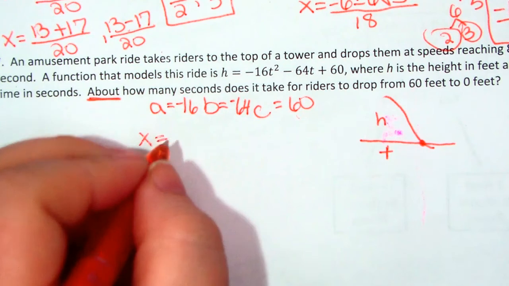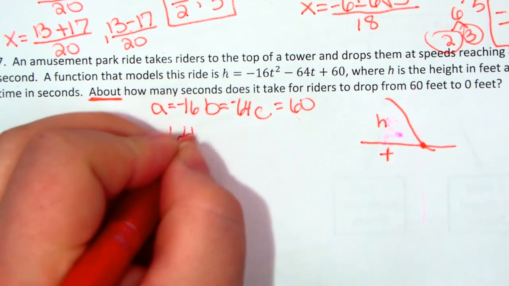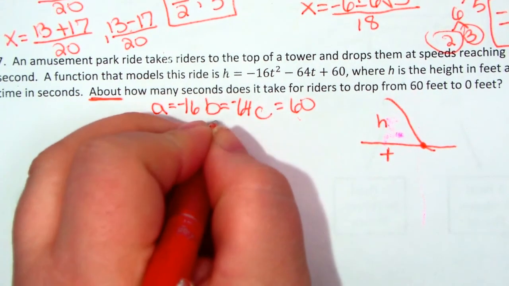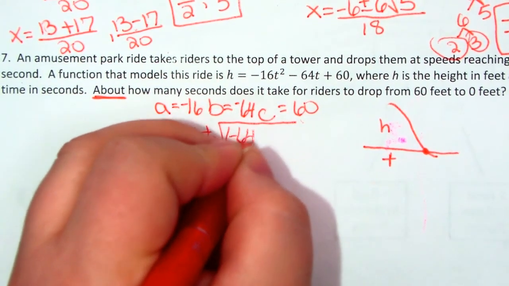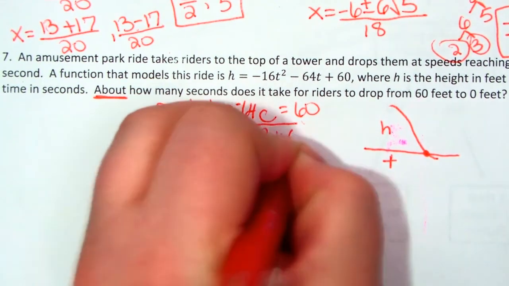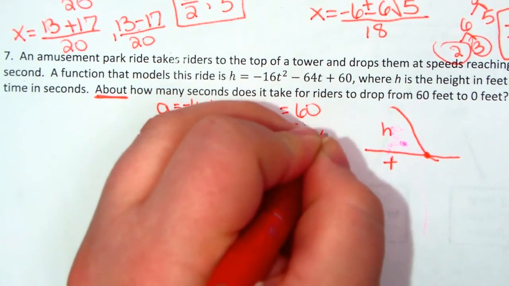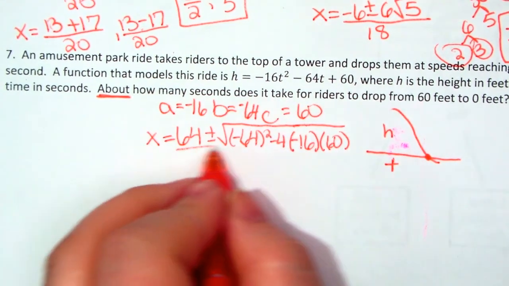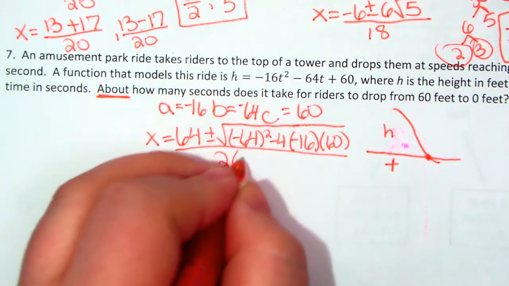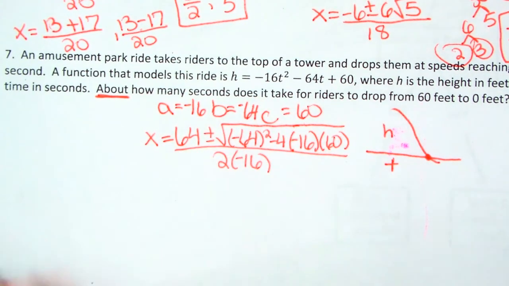X equals -b plus or minus the square root of b squared minus 4ac all over 2a. So in your calculator, you're going to do -64 squared minus 4 times -16 times 60.